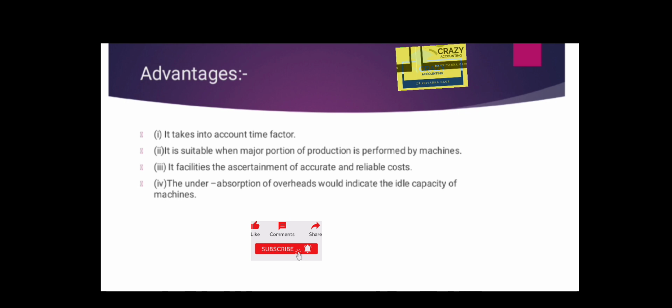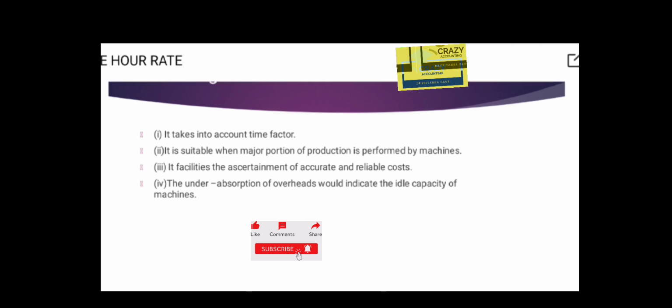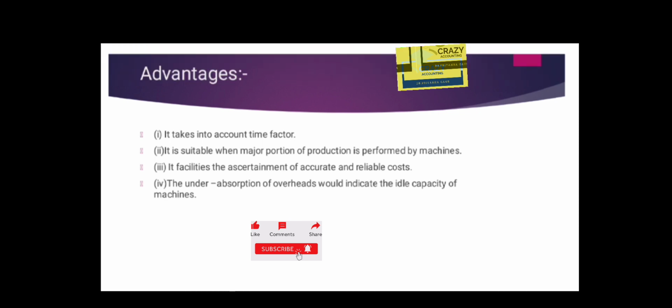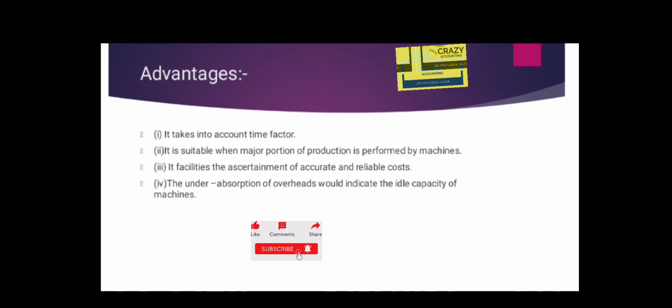With the help of under absorption of machine overhead, we can find the idle time of machines. After this we try to reduce it, right? It is useful to increase the efficiency of machines because we can use them in an effective way and all overhead depends on it. It facilitates ascertaining accurate and reliable cost.